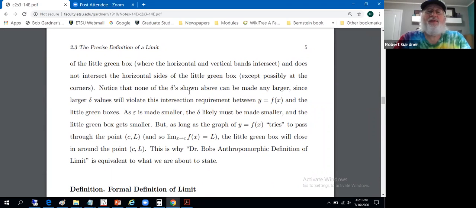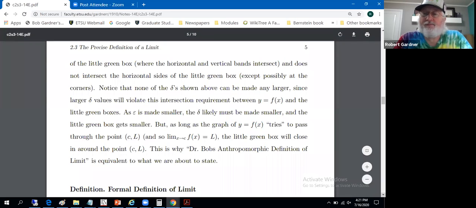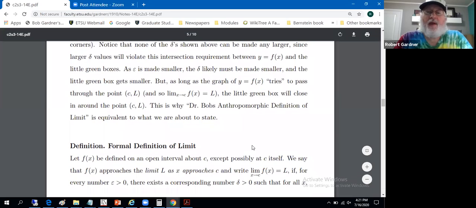So we get this kind of behavior in terms of intersections of the little green box. We've chosen deltas that couldn't be any bigger. If I made them bigger, we produce bad function values. We had looked at that. As epsilon is smaller, the deltas have to be made correspondingly smaller. And we get that little green box.